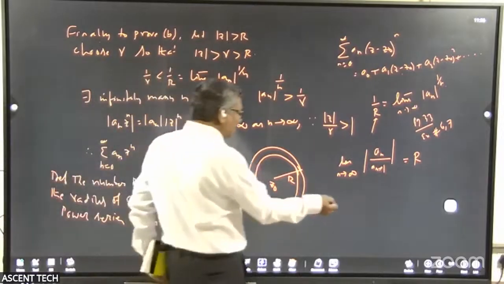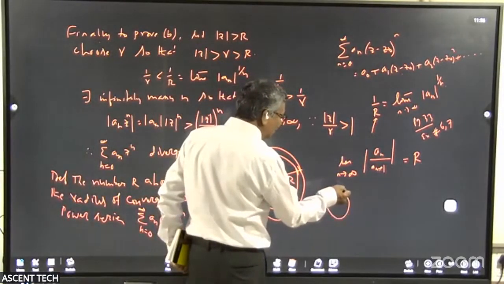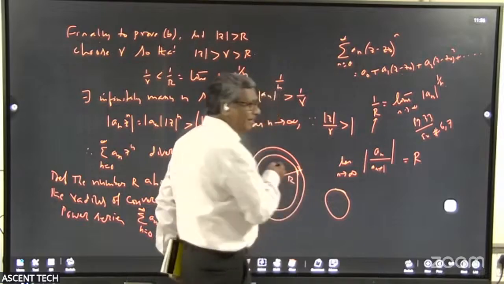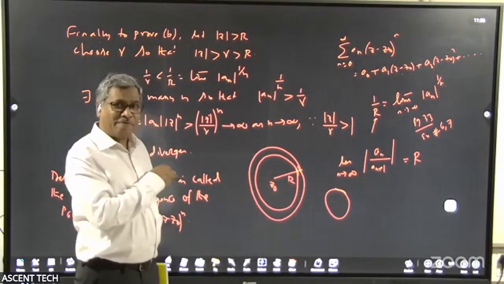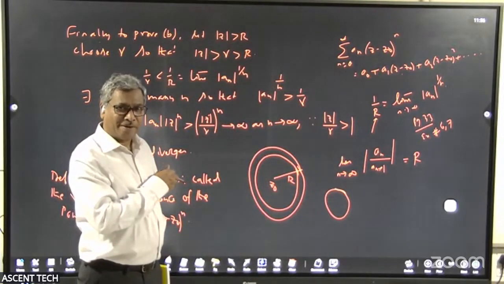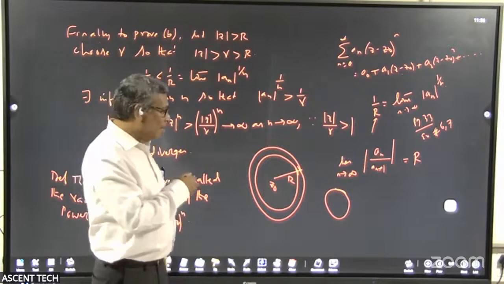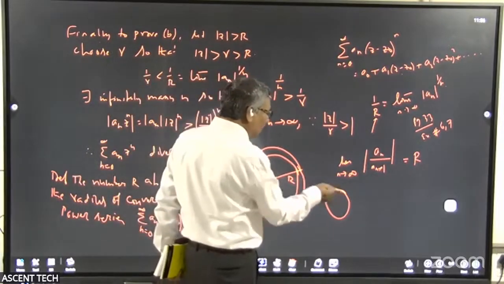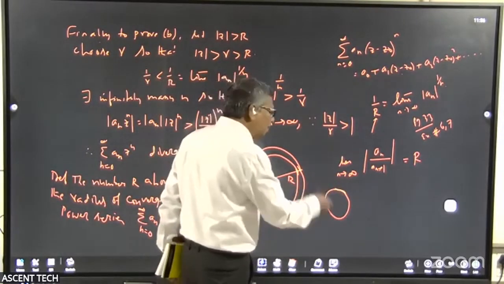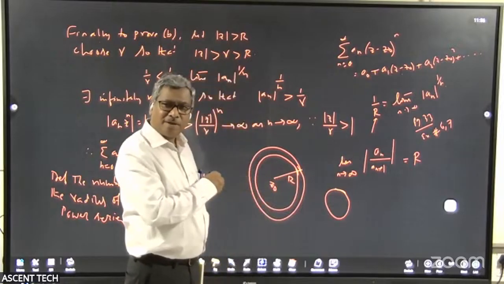Actually, catching hold of a function which does not converge at any point on it is going to be a very interesting thing to do. I can give you examples of many functions which converge in a few places on it, and maybe at all places on it also.